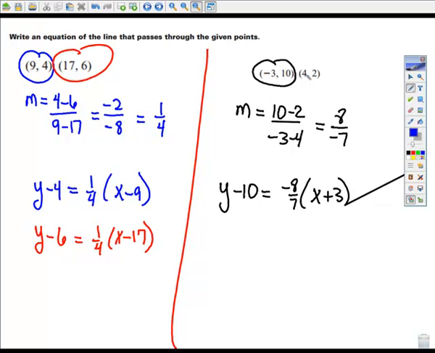Whoops. If I use this point, y subtract 2 equals negative 8/7 times the quantity x subtract 4. It's kind of nice leaving it in this form because then you don't have to distribute the negative 8/7 because that just looks like it's going to be a little bit hairy. So from here we can get a point, we can get the slope, and we can be on our way.